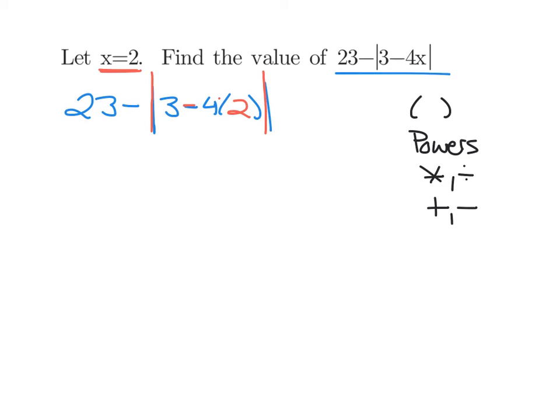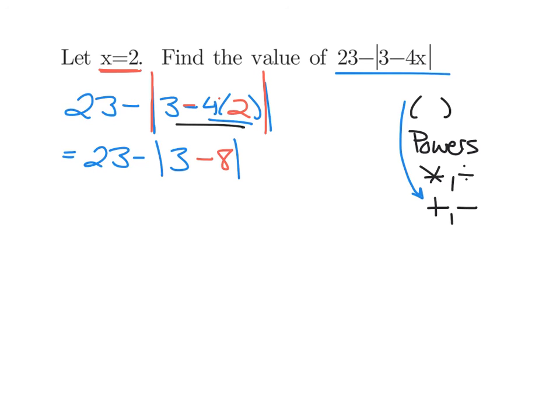So when we're looking at this expression of 3 minus 4 times 2, as we go down our list of the order of operations, we're going to come up with multiplying and dividing before the adding and subtracting. So we have to multiply that 4 times 2 first. Rewrite everything else, and once we get to this 4 times 2, do that. So 4 times 2 is 8. But everything else stays the same, even those absolute values.